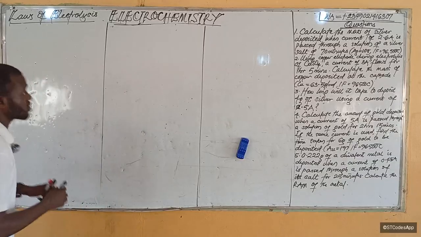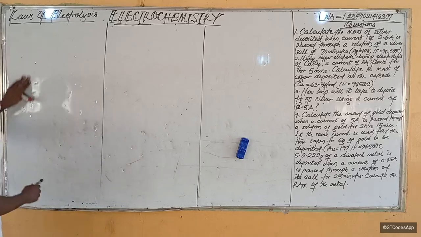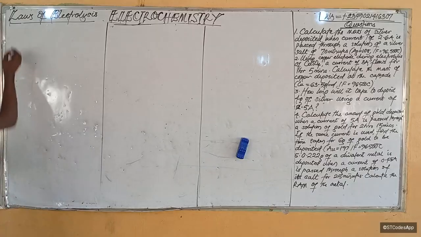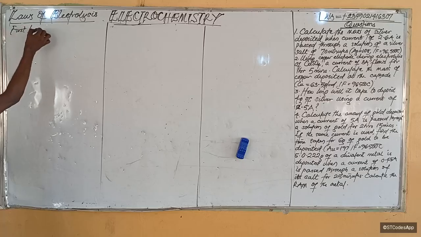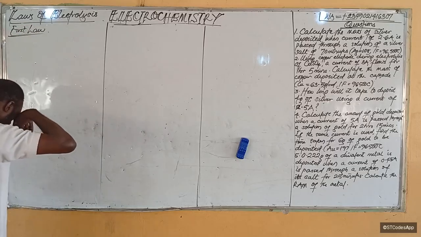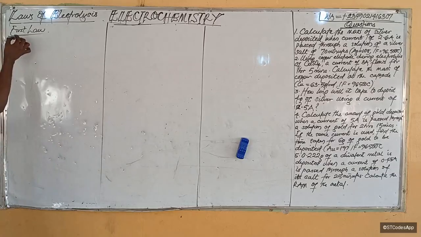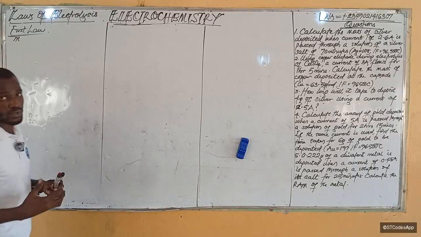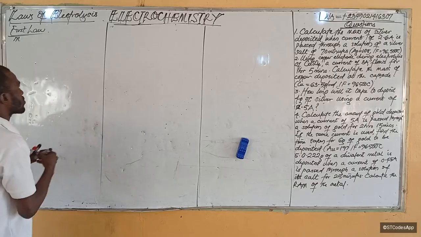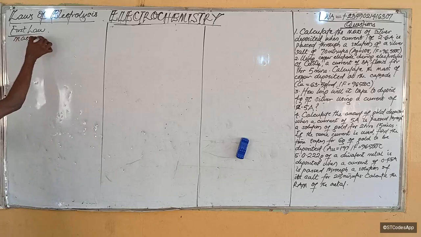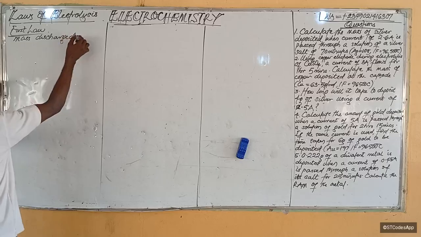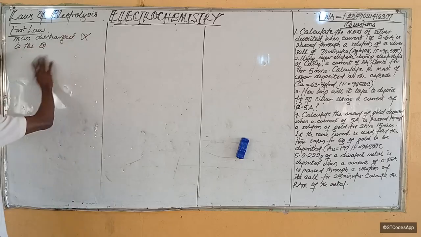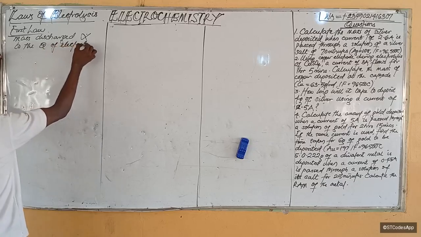We'll start with the laws of electrolysis. Alright, so in order to wrap up the video quickly, I'll just discuss the laws of electrolysis and solve these 5 questions and we'll wrap up the video. Now, laws of electrolysis. There are 2 laws of electrolysis propounded by Faraday in 18-something, I forgot it. Faraday propounded the first law, which states that the mass of an element discharged in an electrolytic process is directly proportional to the quantity of electricity Q passed through the solution of the electrolyte.